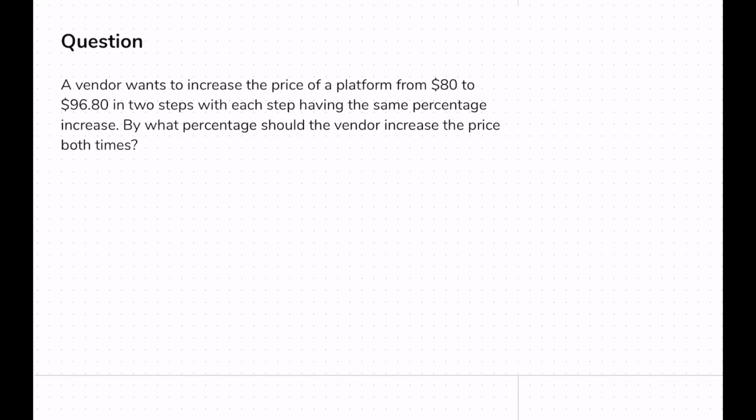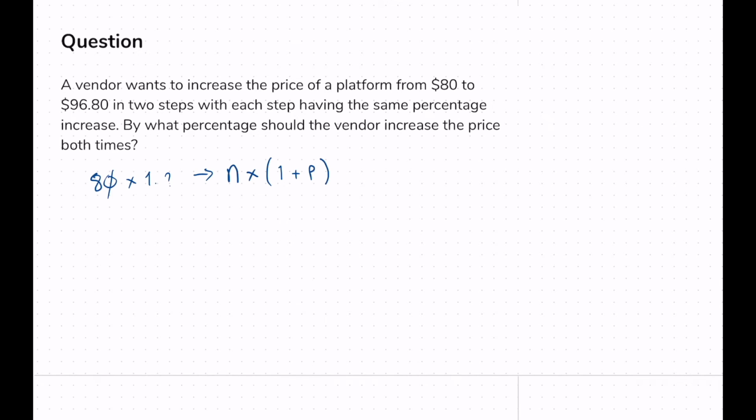Well, what we're doing, how do I increase something? Well, I start off with a number, 80, and then I times it by 1 point something. Okay, so let's do that again, but let's be a little bit more formal about it. So it's the beginning number, let's call that n, times 1 plus the percentage, and we're going to do it as a decimal.